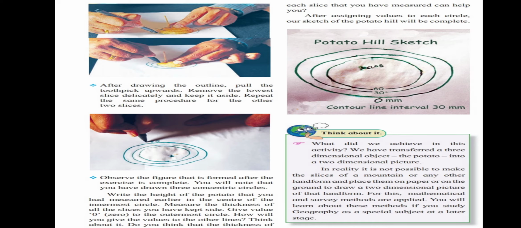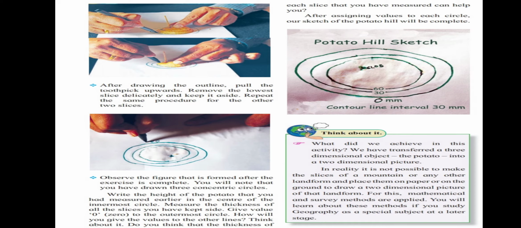To draw the two-dimensional picture of a landform, we are not able to keep it on the page. That's why mathematical and survey methods are applied to draw a two-dimensional picture of a three-dimensional object.